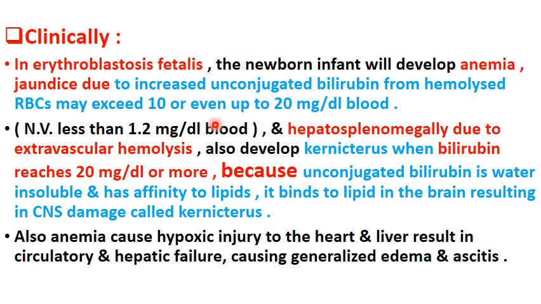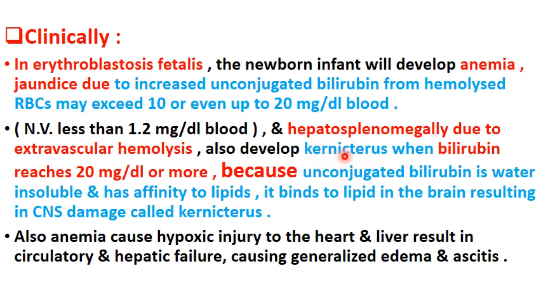Why? In addition to the hepatosplenomegaly, which is due to the extravascular hemolysis, and the intravascular hemolysis, which takes place in the circulation or the blood vessels of the baby, the baby develops kernicterus. What is this kernicterus?